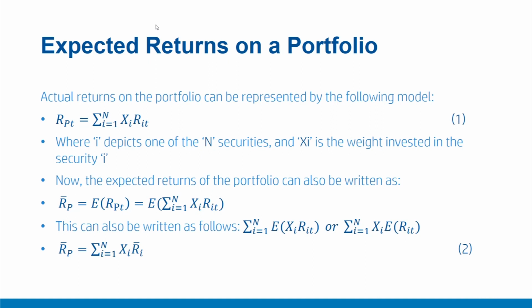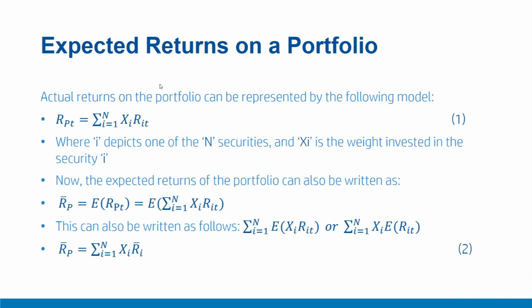This can also be written in the following manner. Summation of i equal to 1 to n expectation of x_i R_it, or summation of i equal to 1 to n x_i times expectation of R_it, because x_i is constant, and this can be effectively written as R_P bar equal to summation i equal to 1 to n x_i times R_i bar as shown here in equation 2.